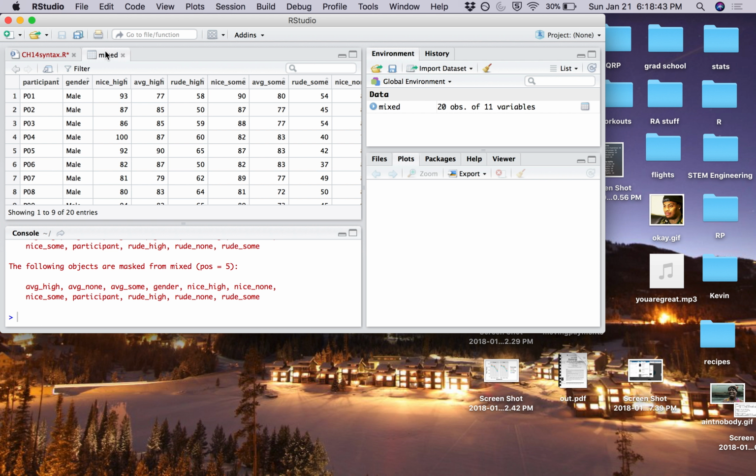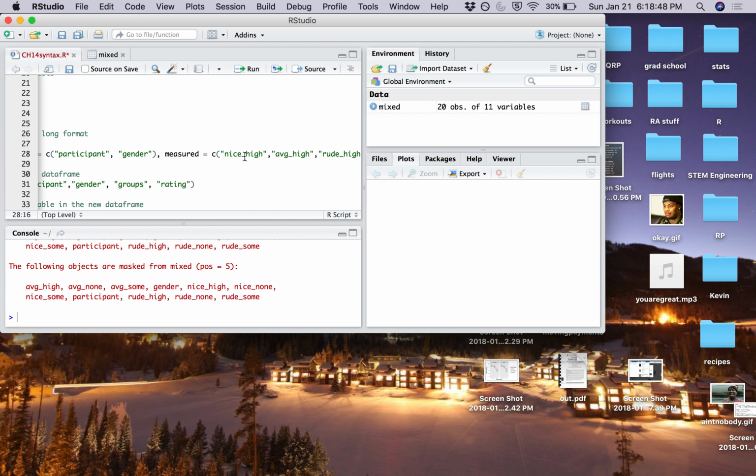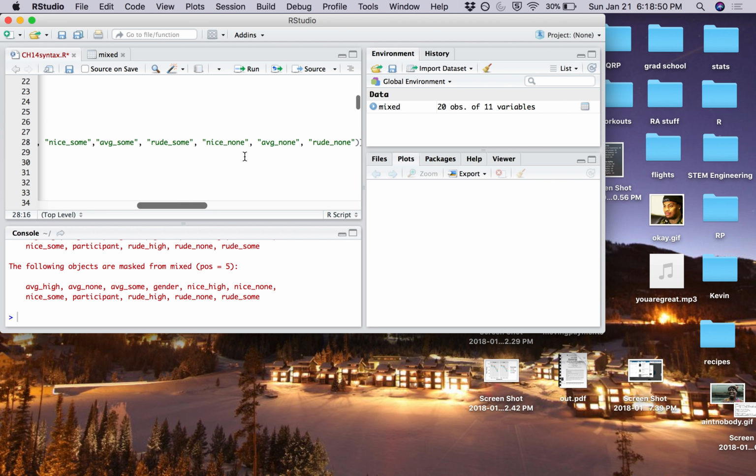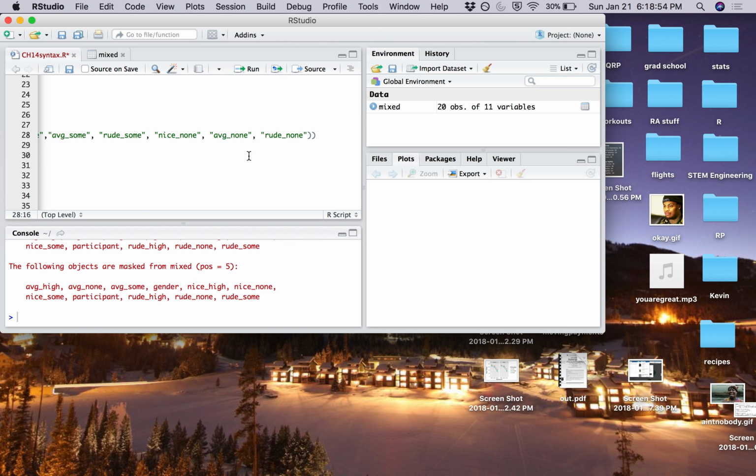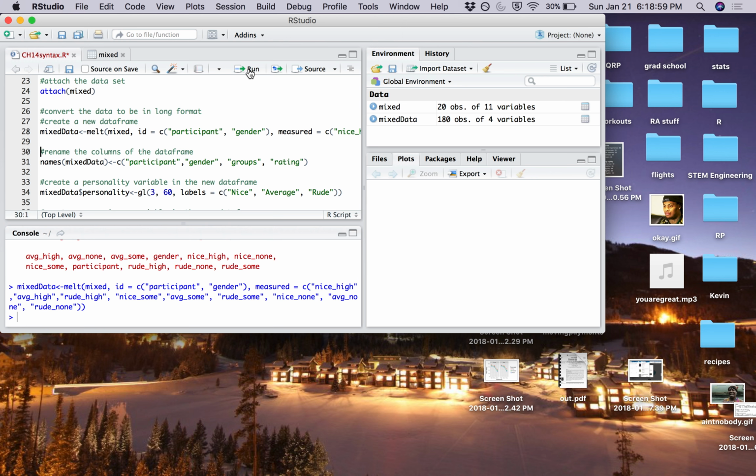So up here, all of our different groups, these are our measured variables. And then the fourth will contain the rating of the participant. So we melt those together.